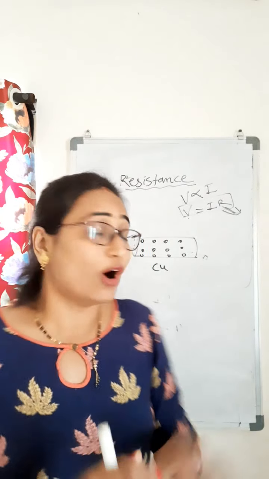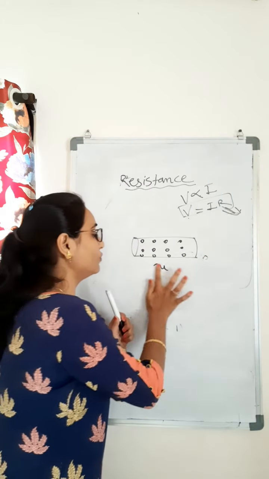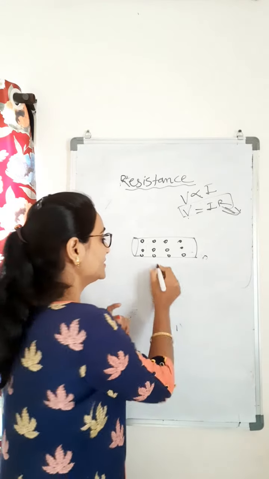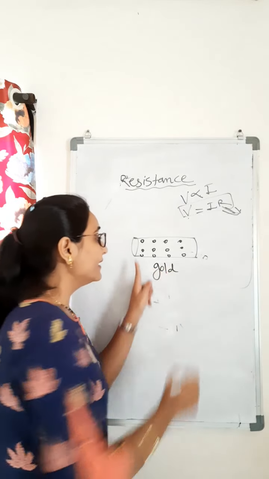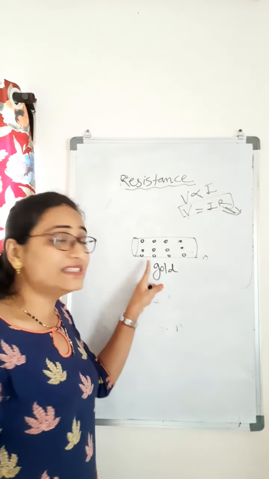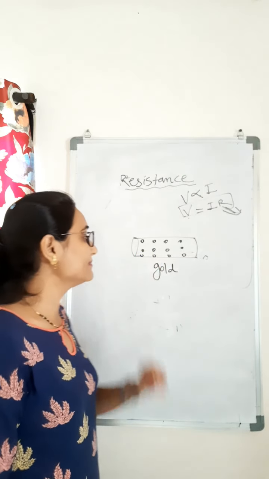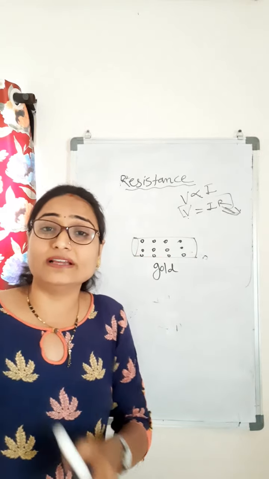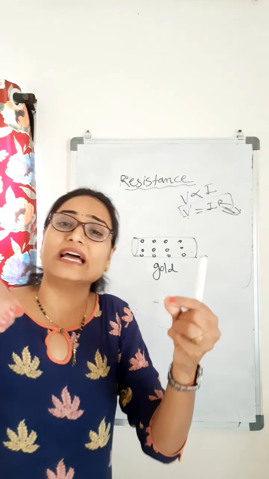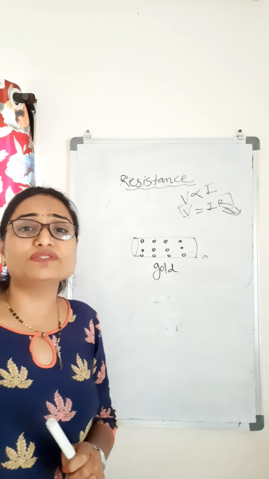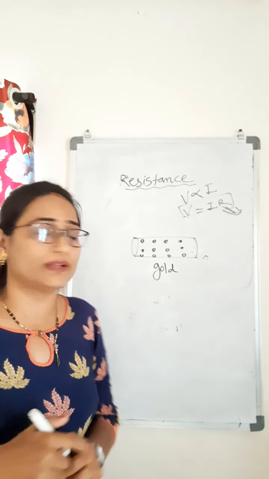So, suppose this is the gold wire we will take. It is made up of gold atoms, and if I have to make the gold wire, I have to add some impurities. Suppose I am adding the impurity of copper, so I am mixing copper in the gold.